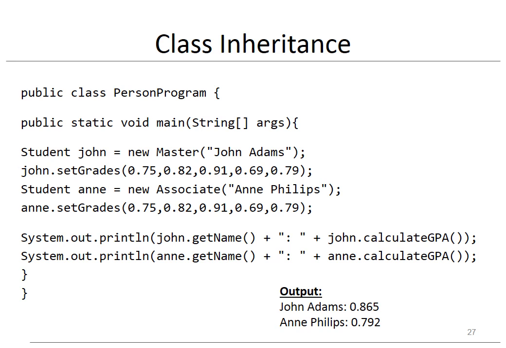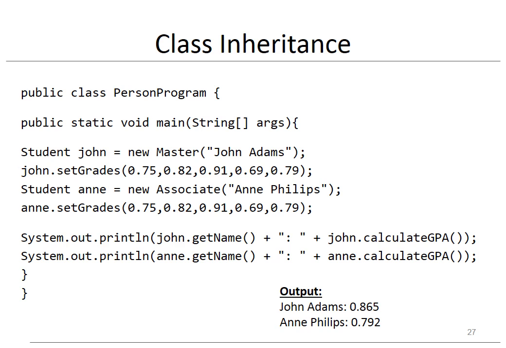Next, it will need to execute the calculate GPA method for John. The master class does not have a calculate GPA method, but the graduate class does. Hence, the JVM will execute this method. For Anne, the same process is followed. In other words, the getName method from the person class is called and executed.